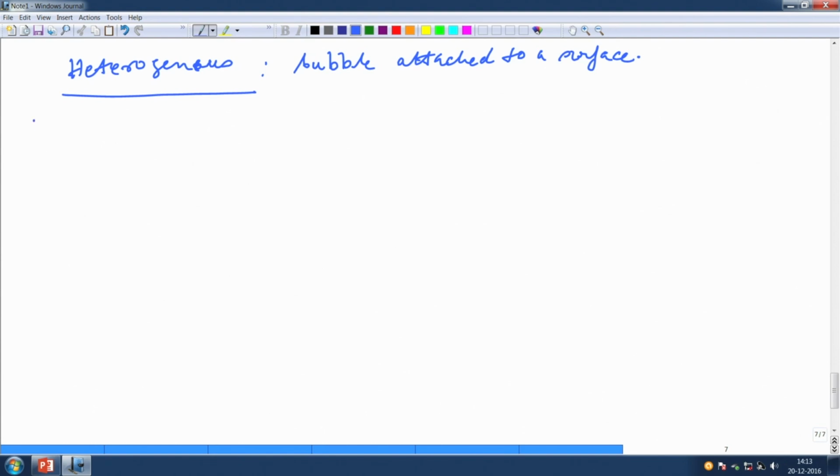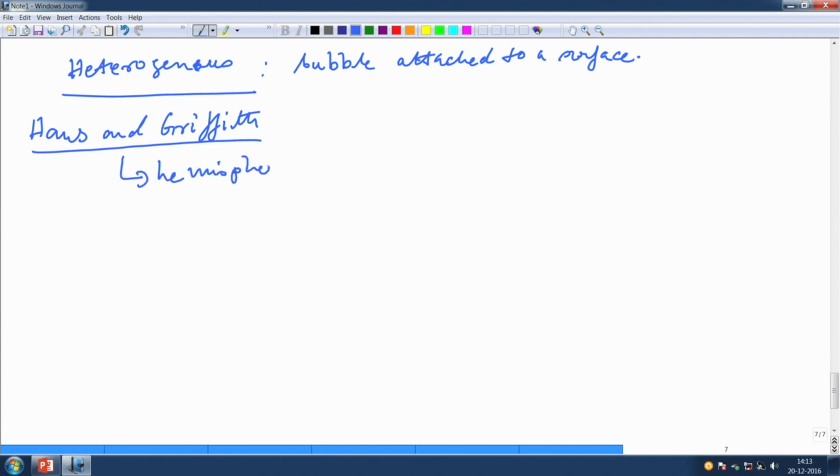So, what Han and Griffith did was that the bubble can grow from a nucleation site if the thermal layer adjacent to the nucleation site is thick, and they said that the bubble normally grows like a hemispherical cap. So, the bubble is like a spherical cap. I will show you the picture in just a second.